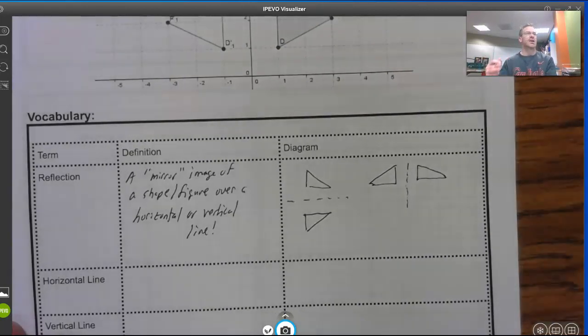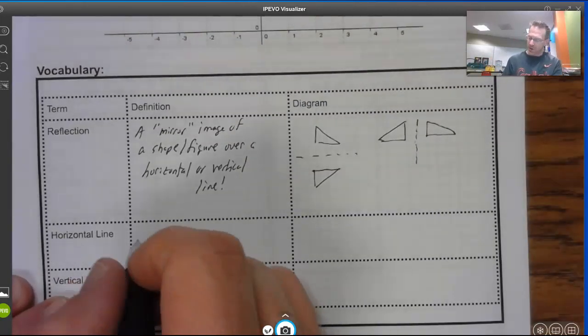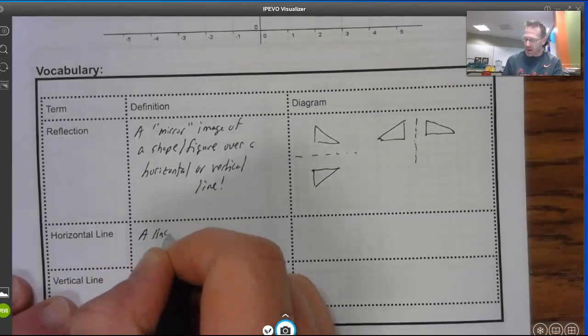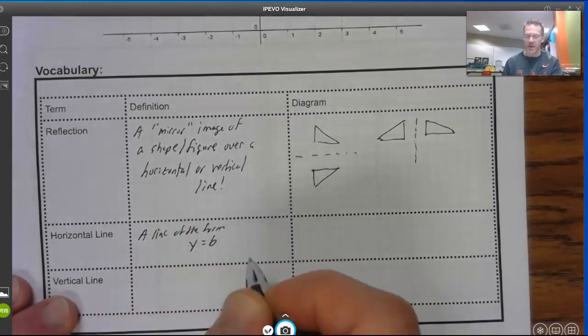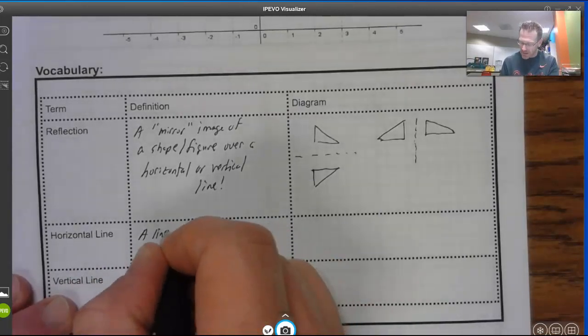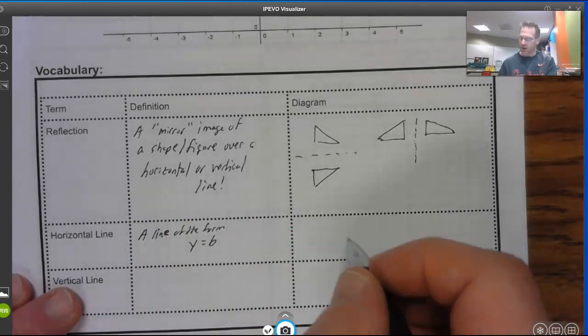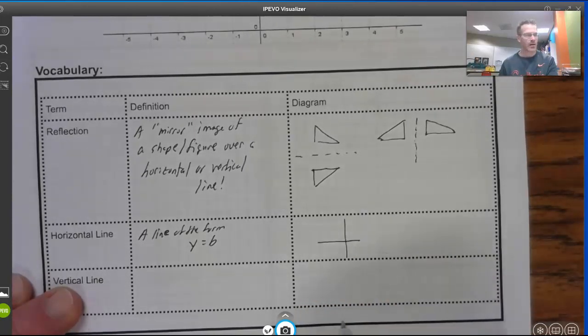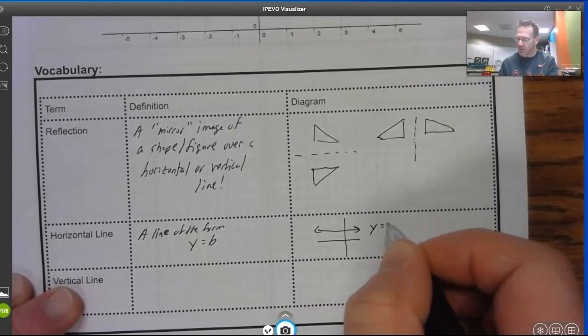Now, just a quick reminder, we've done a lot of work with horizontal and vertical lines this year. Remember, a horizontal line is a line of the form y equals b. My writing is struggling a little bit this morning. So if we think about our coordinate plane, there's our axes, so we could have a line like that, maybe y equals 3, something like that.